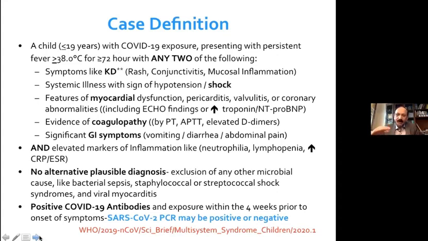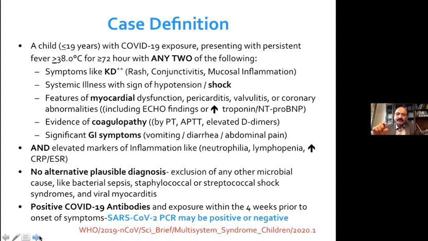Now, how do we define MISC? It is only in children presenting with temperature, symptoms of Kawasaki disease, systemic illness or shock, features of myocardial dysfunction, evidence of coagulopathy, and significant GI symptoms, along with elevated markers of inflammation.